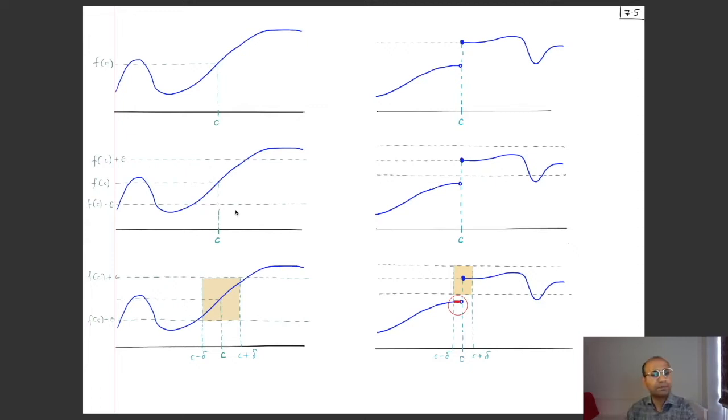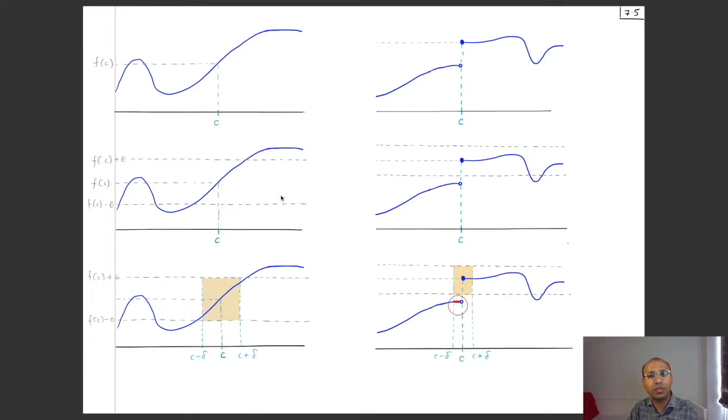So what do I have to then do? Then I have to produce a positive delta such that whenever I am within a distance of delta from c, I am guaranteed that the corresponding f of x lies below this line and above this line. Now over here, what should the delta be? If I take too large a delta, for example, if my delta distance is so much, like this, then I will have my f of x which goes outside this strip.